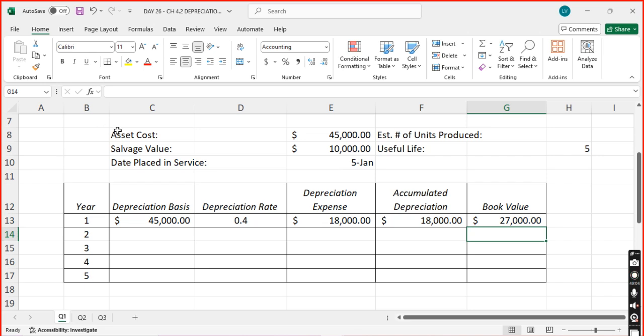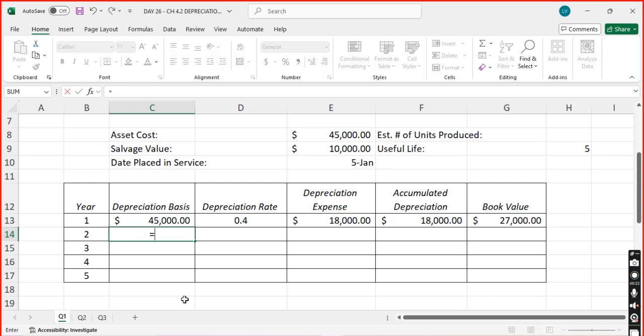So then what is my depreciation basis going to be for my second year? $27,000, because we said that the depreciation basis for double declining is the beginning of the year's book value.